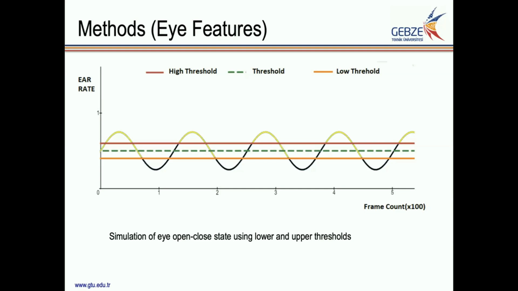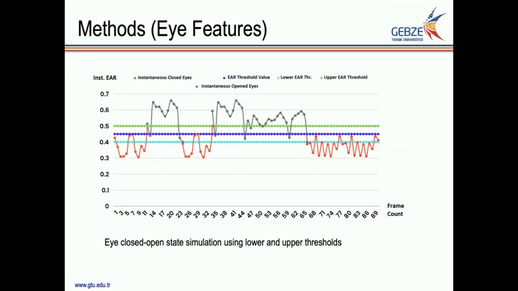So that one is just for demonstration. That one is the real one. So that is, for example, obtained from a person's video, a driver's video. As you see, the eye aspect ratio changes for every frame actually, and then these are our thresholds. As you see, the blink in that case starts from that position, from that frame.